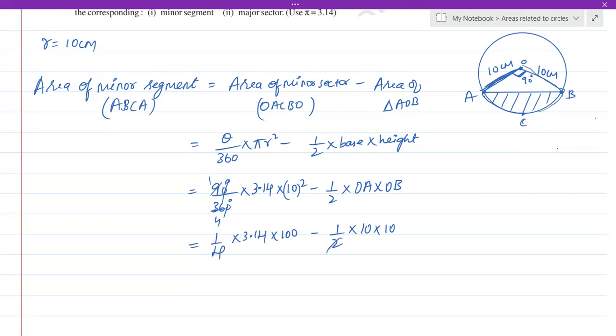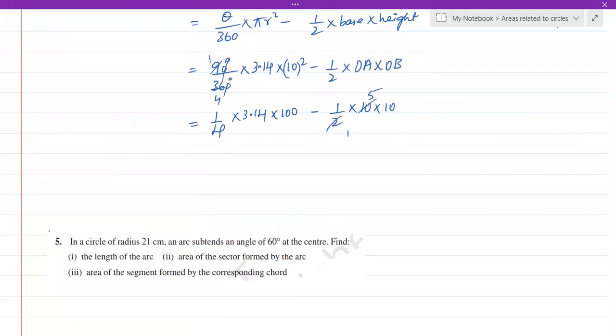So if you cancel it, 2 ones are 2, 2 fives are 10, you can cancel that. So what you're left with is 1 by 4 as it is. 3.14 into 100 will become 314, isn't it? If you multiply by 100, you have to shift the point twice towards the right side. So it will become 314 minus 5 into 10, which is 50.